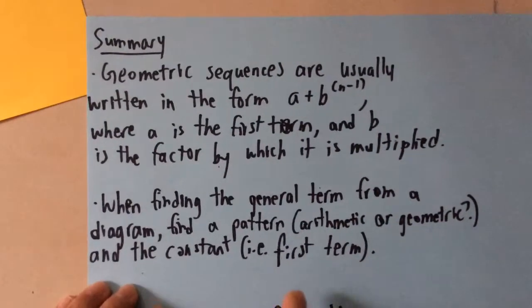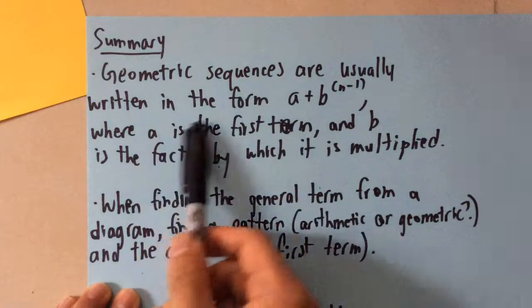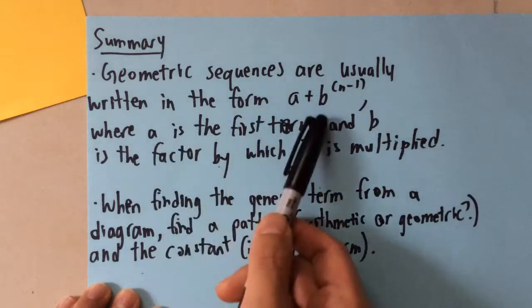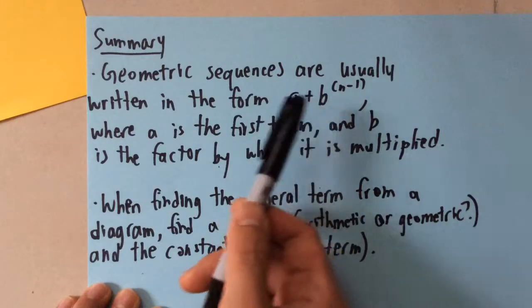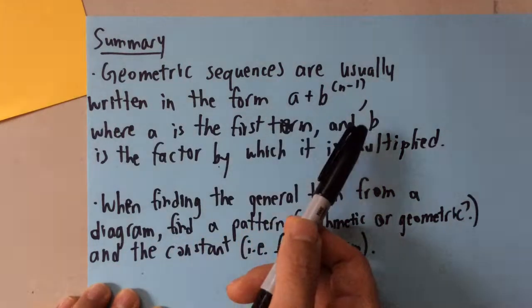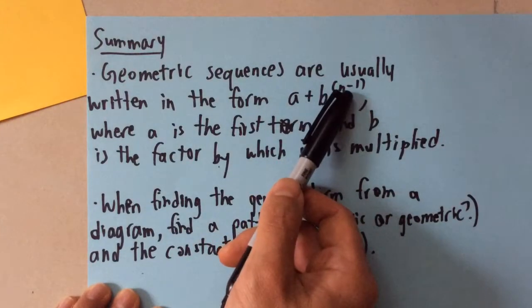To summarize, geometric sequences are usually written in the form of a times b to the power of n minus 1. We can use any letters here, but I'm using a and b just because I find it easier. A is the first term, and b is the factor by which it is multiplied. Now remember, why do we have n minus 1?